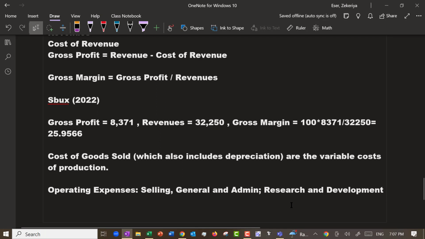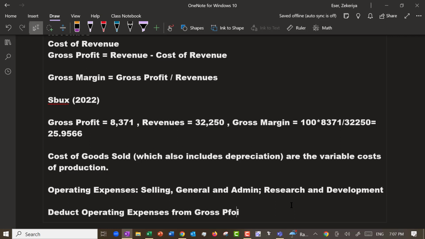But once you deduct operating expenses from gross profit, you get operating profit or operating income.